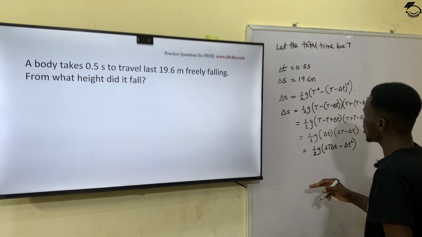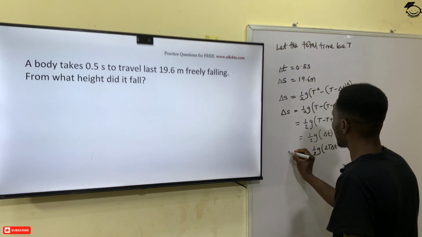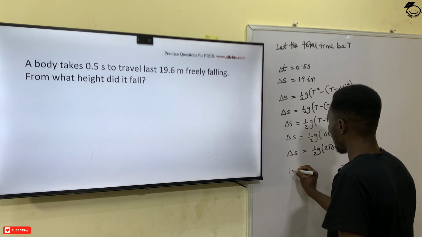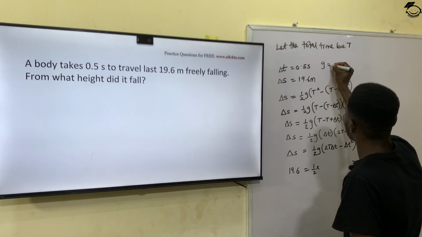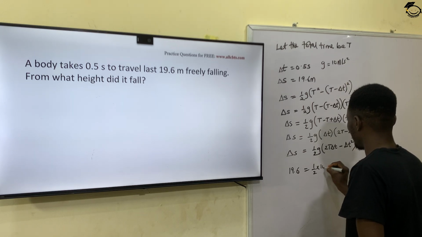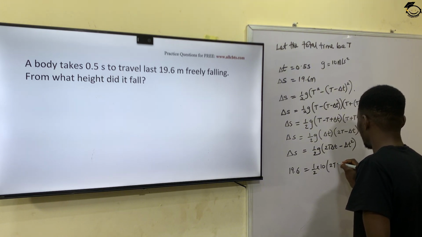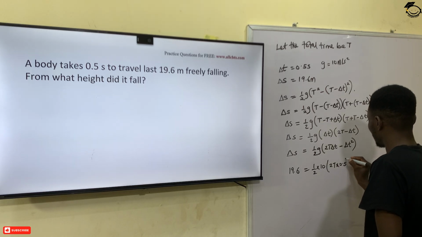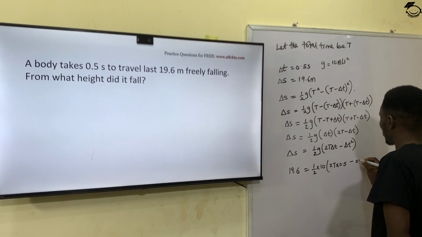So with this, if I input my values, since my change in s is 19.6, I have 19.6 is equal to 1 over 2 times my g, which is 10 meters per second squared, so times 10, in brackets 2T times my change in t, which was 0.5, minus 0.5 squared.